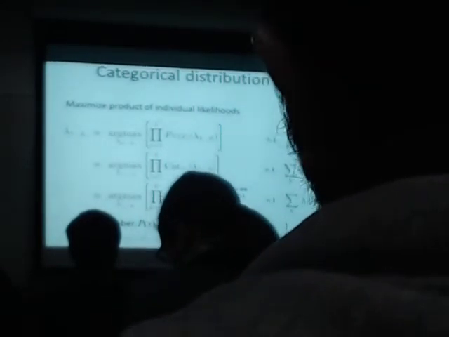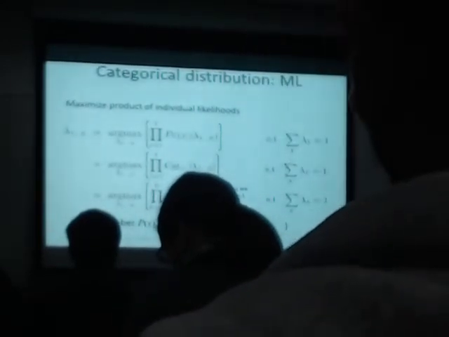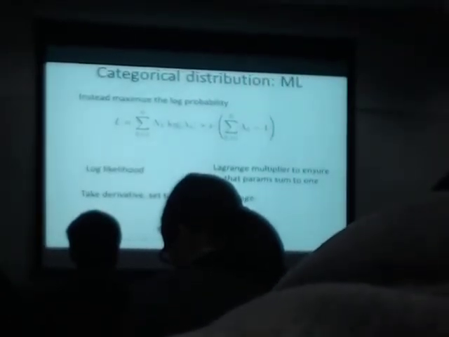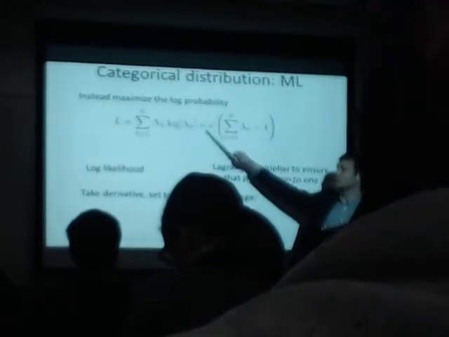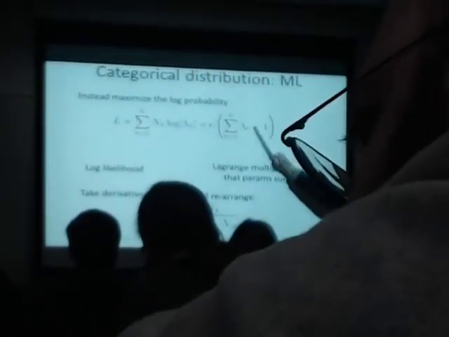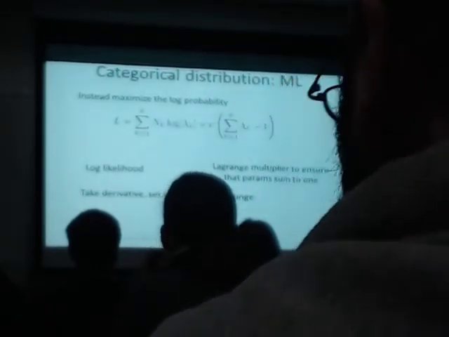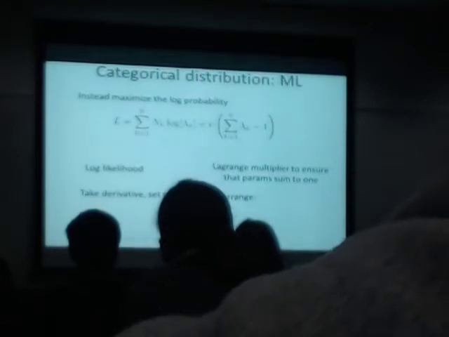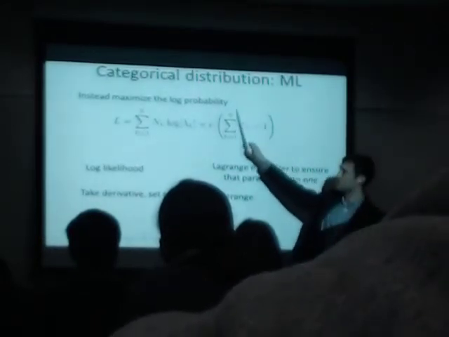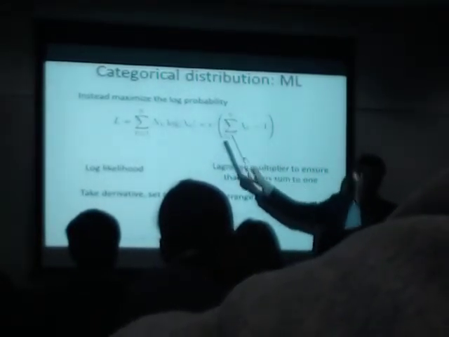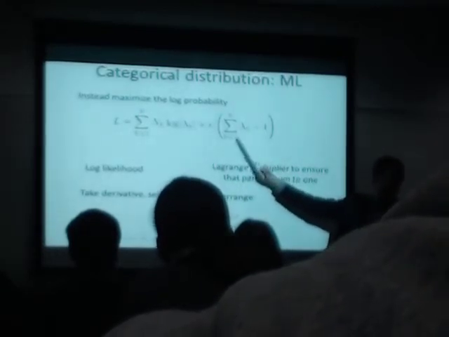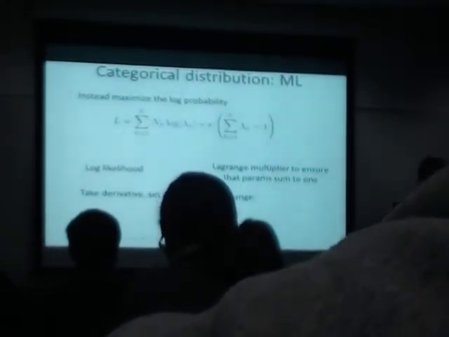right? And a way of putting that in using a Lagrange multiplier is to have this Lagrange term multiplied by this. So when you do the partial derivative of this term, being 0 implies that the sum of these is 1.